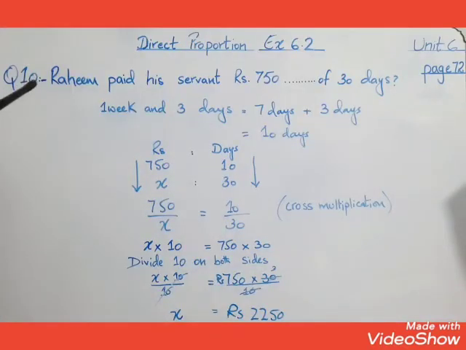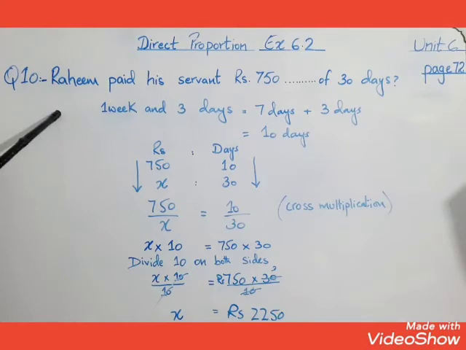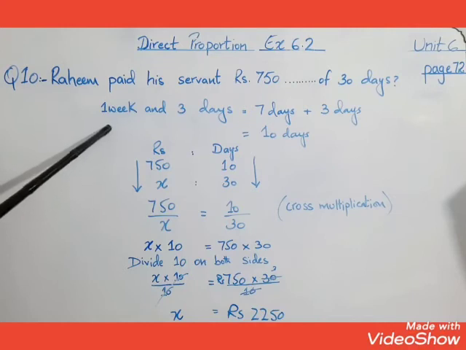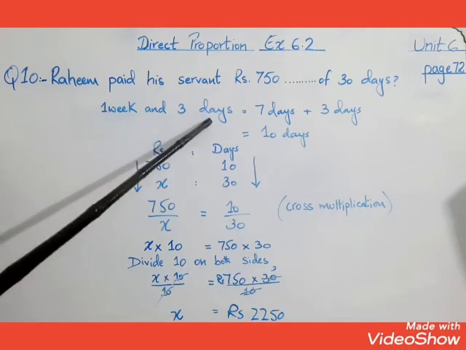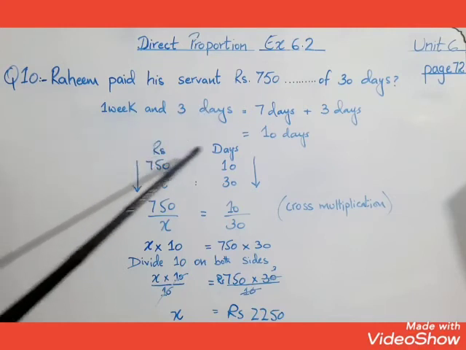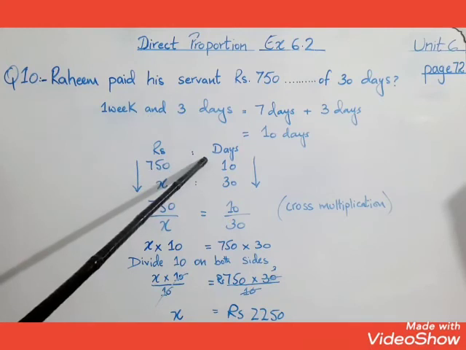Okay, students. Now see question number 10. Rahim paid his servant rupees 750 for 1 week and 3 days. What amount will he pay him for a month of 30 days? 1 week and 3 days. Now again the quantities are rupees and days. Right?